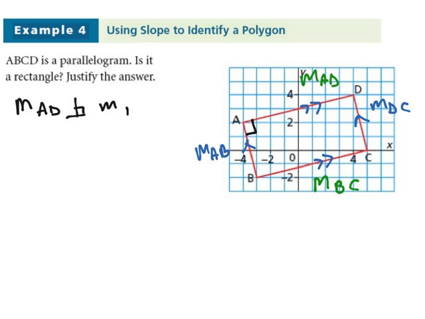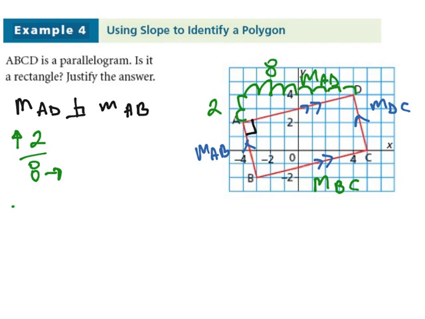So AD has to be perpendicular to AB. And from the picture, we can find the slope. So let's start at A, and then we'll go to D. So let's just count. We go 2 units up, and 1, 2, 3, 4, 5, 6, 7, 8 units across. So that means the slope of AD is rise over run, 2 units up and 8 units across. 2 over 8 is the same thing as 1/4.